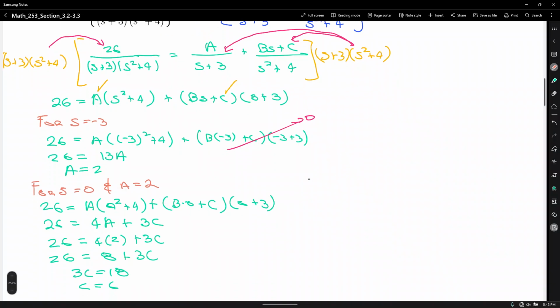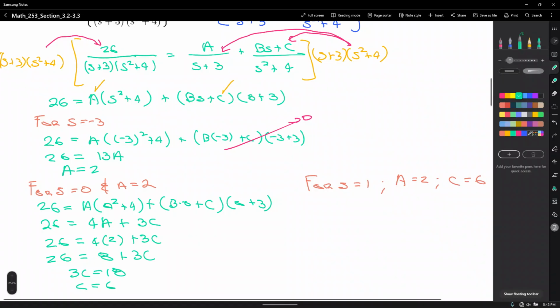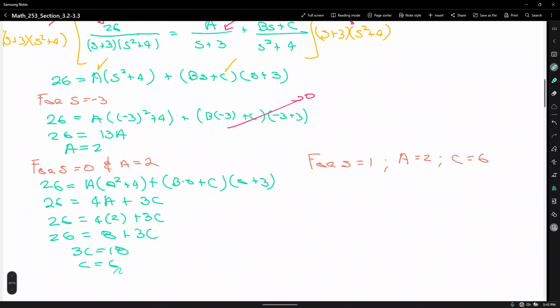I'm going to do that here for s equals 1. And we already have a equals 2 and c equals 6. Let me make this one look like a 6.